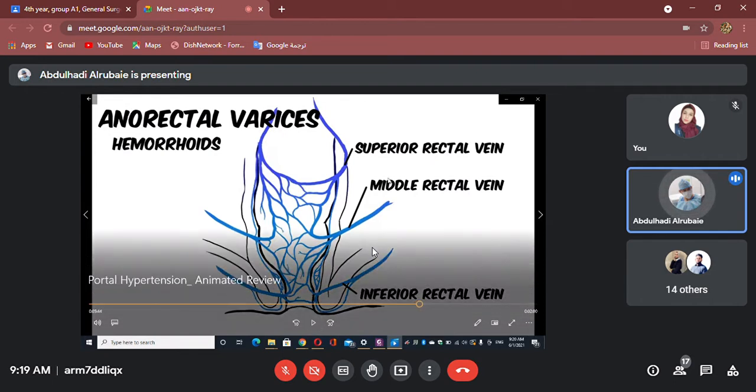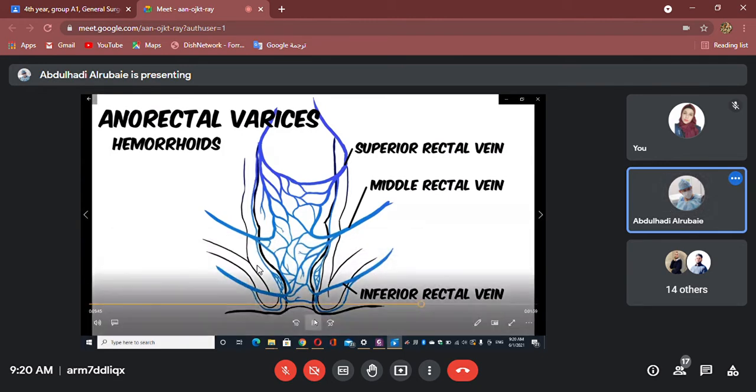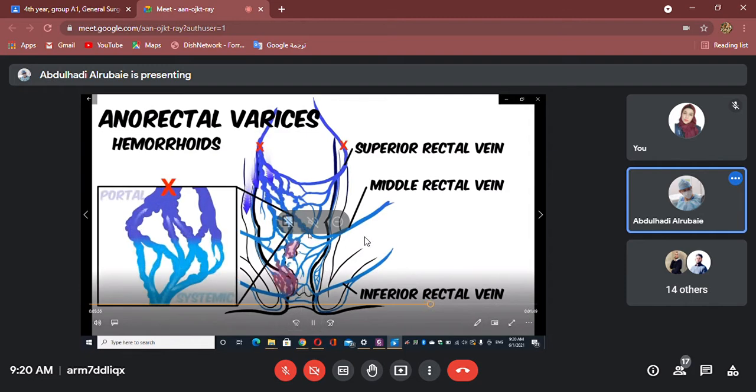Here, of course, the communication occurs between the superior rectal and middle rectal veins, which we consider portal, and the inferior rectal vein, which is systemic. The same mechanism also leads to flow of blood through this portal to the systemic circulation, producing internal hemorrhoids.